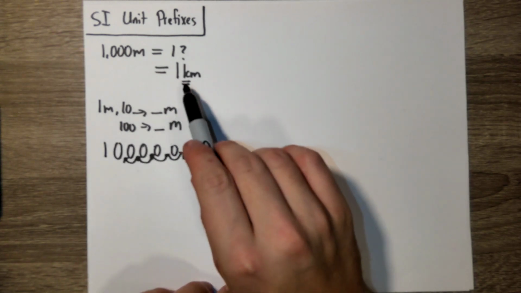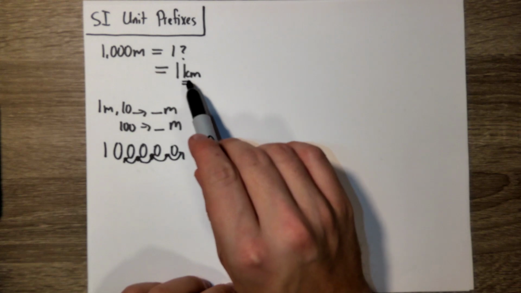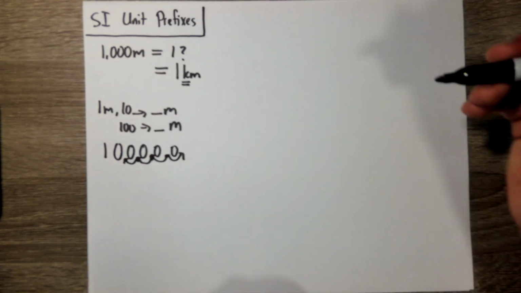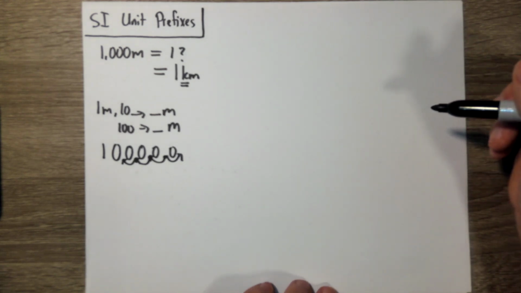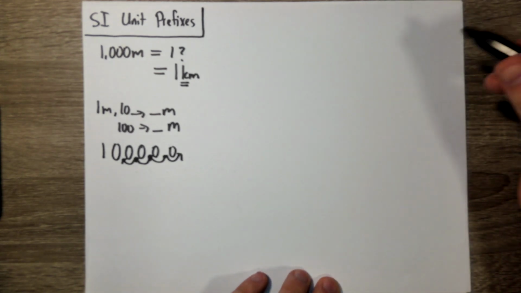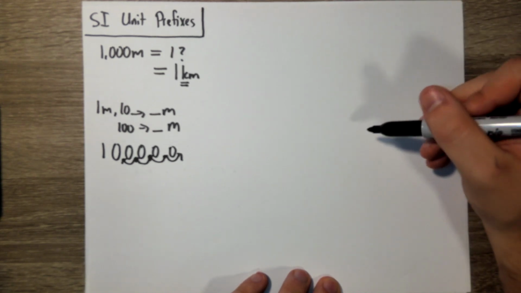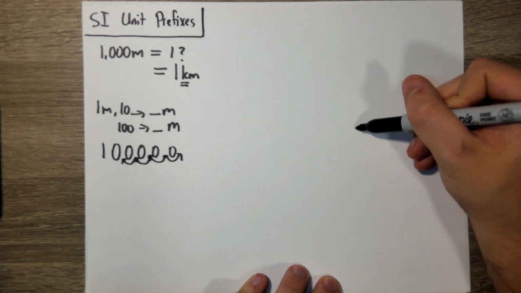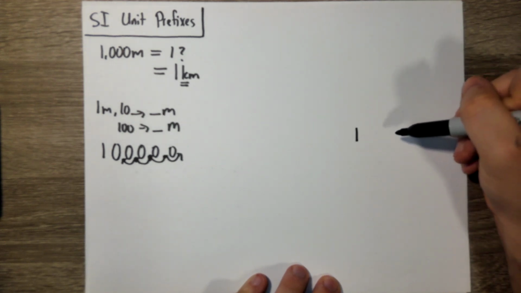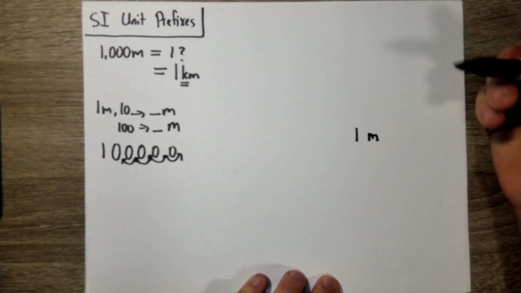And so all of these unit prefixes can be defined in a table, and that table looks something like this. I won't draw out the whole table because technically it's infinitely long, but you only need to deal with the ones that are relatively close to 1. So if we start at 1, that's just your base. So in the case of meters, it's just meters.